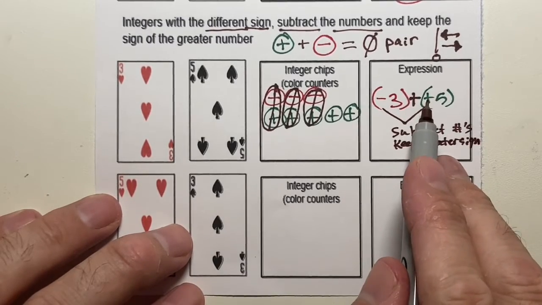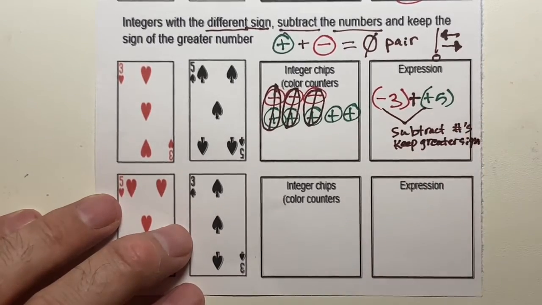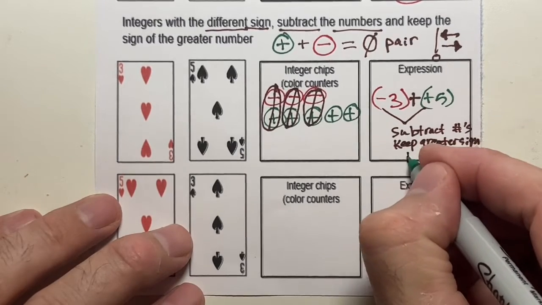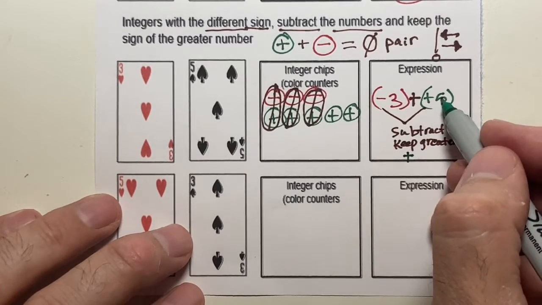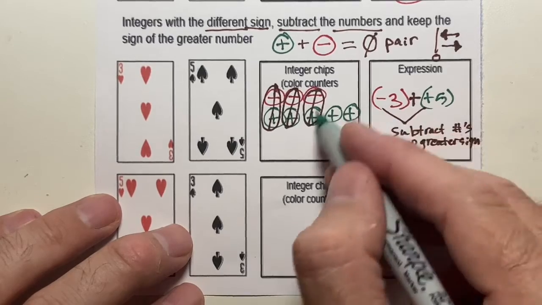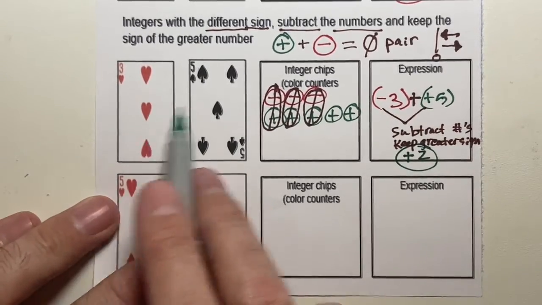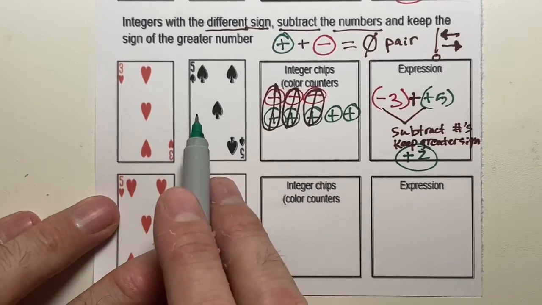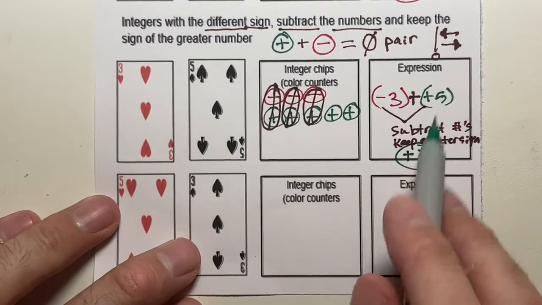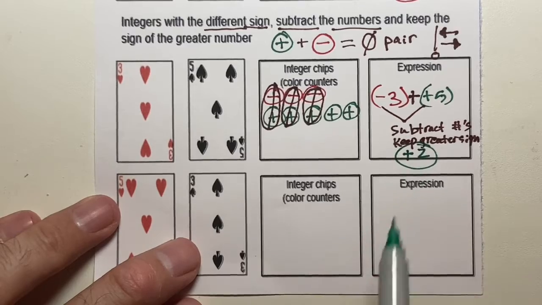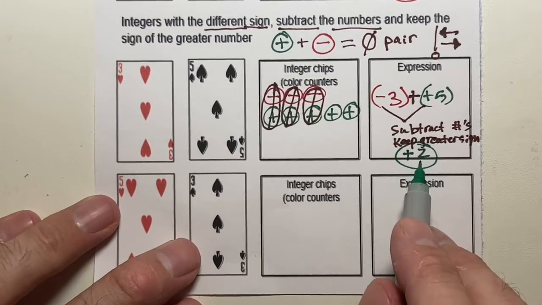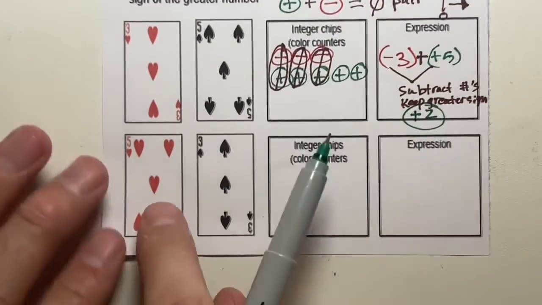Because we have more 5s, then our answer would be positive, or we have more positives. So 5 minus 3 is 2. We have 2 more positives. So if we draw these 2 cards and we compare them, well, 5 would win by 2 extra points, positive points.